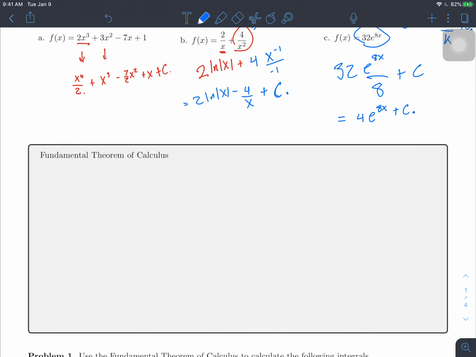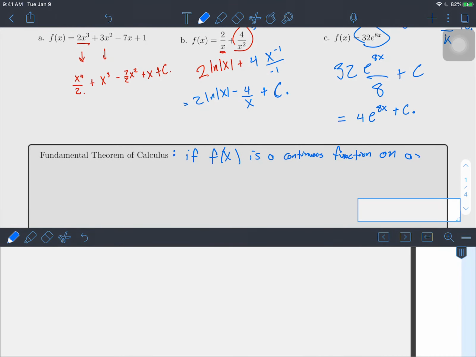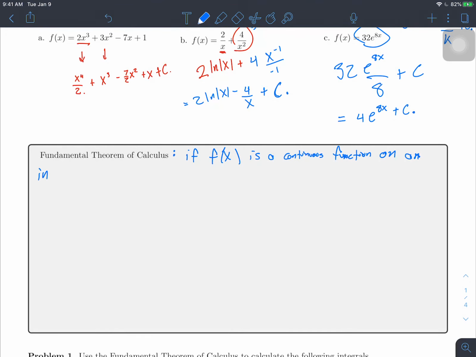Let's talk about it. It says, if f of x is a continuous function on an interval a comma b, and capital F of x is an antiderivative, any antiderivative of f of x.